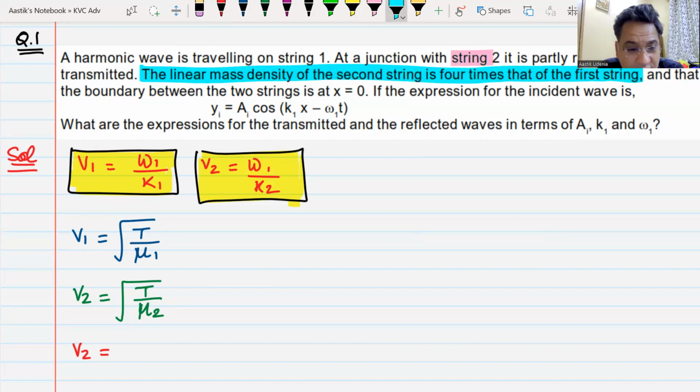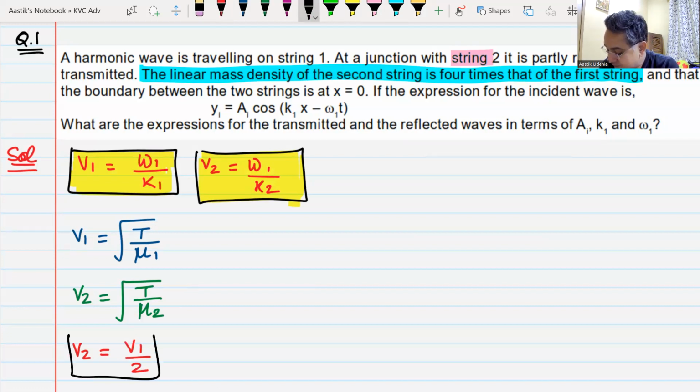Can you tell me V2 in terms of V1? It's a simple division. V2 is equal to half V1. That is the simplest possible thing that you have to do. Now I got the relation between V2 and V1. Can you now tell me the relation between K2 and K1?